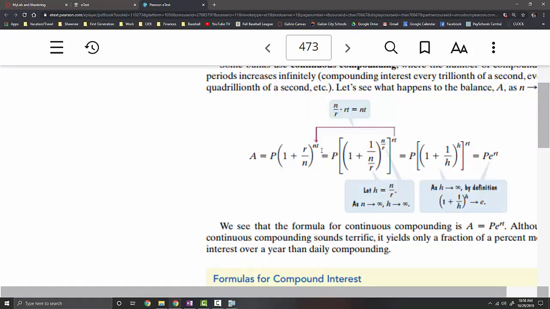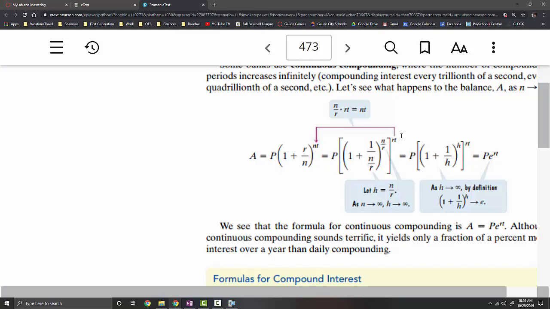So you can see how this is explained, that if we start with our equation A equals P times (1 plus r over n) raised to the nt power, then all that was done between these two steps is they rewrote this in this form. And notice these exponents. If I take n over r times r over t, I get nt back. The r's will cancel out.